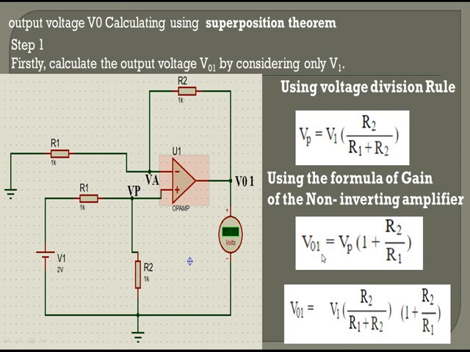This is written by using the non-inverting amplifier. So put the value of Vp in this equation. VO1 equals V1 R2 upon R1 plus R2 into 1 plus R2 upon R1.